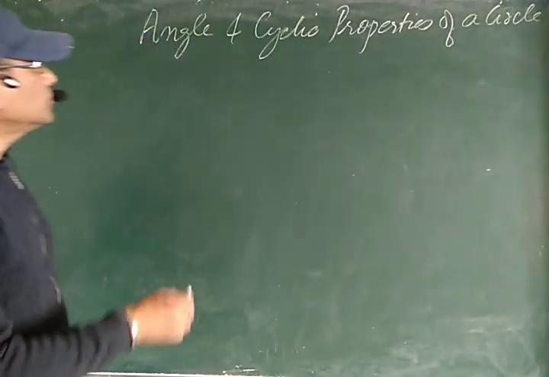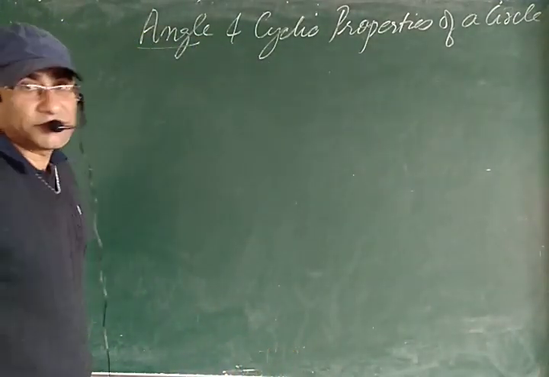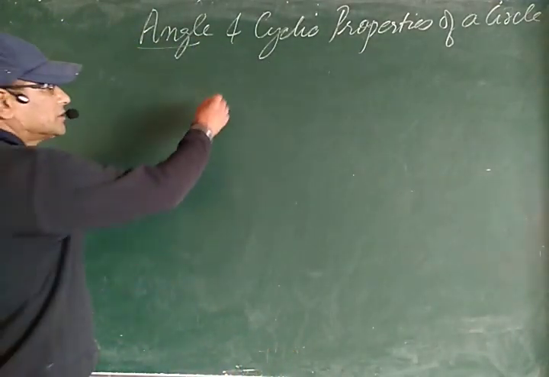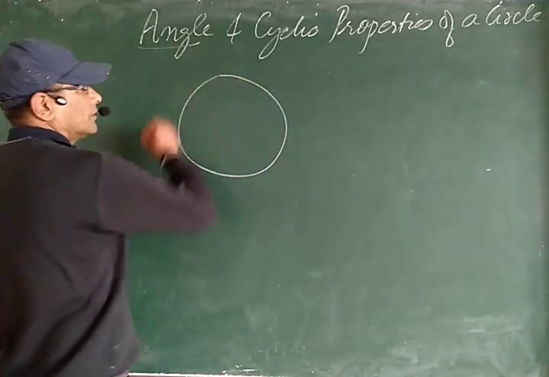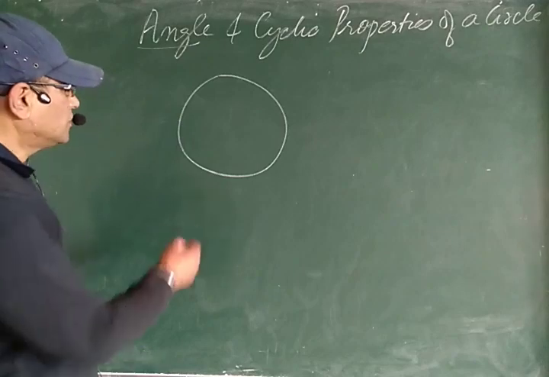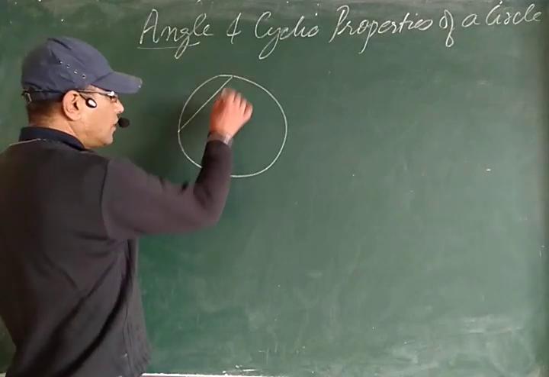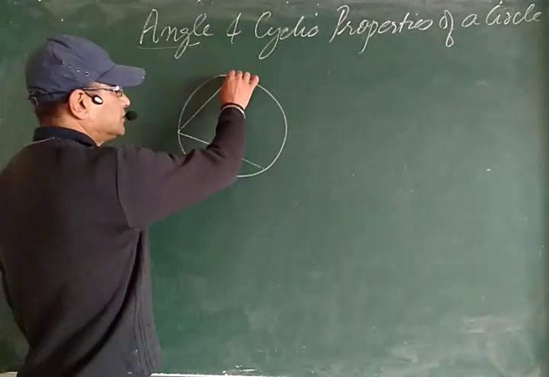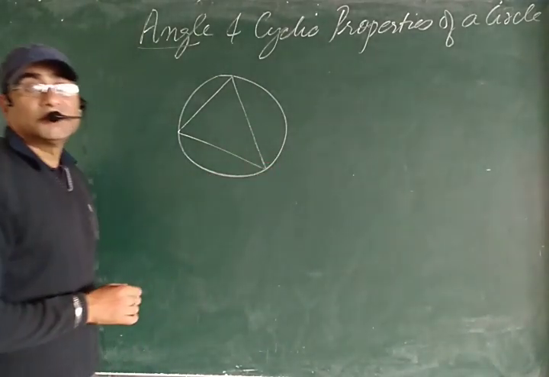Okay, so first we are going to deal with angle properties of a circle. As we know, in a circle, any lines can be drawn, the chords can be drawn, and those chords make angles anywhere on the circumference.